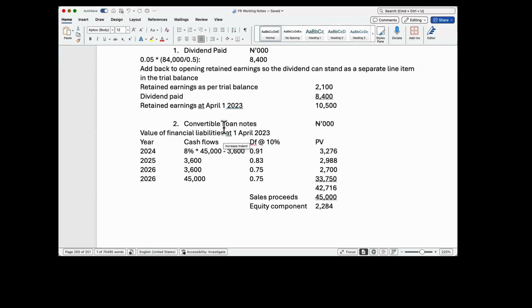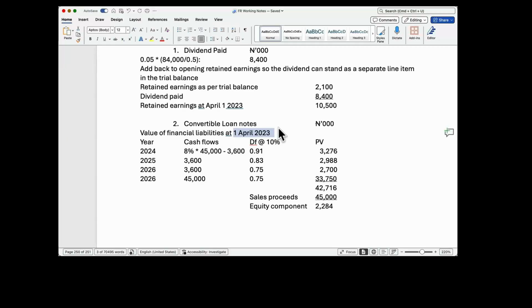Equity is always gotten as the balancing figure because according to the conceptual framework, equity is a residual interest. For you to get the value of the liability today, the practical way is to get the value of the cash flow elements in that liability today. The worth of a liability is not beyond the interest you are going to pay and the principal you will pay. That's what you owe. So if you want to get their value today, just discount them to present value.